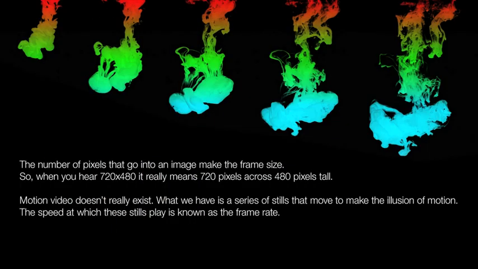Our video, like I mentioned before, is measured in pixels. A video's frame size is how many pixels it contains across by how many it contains down. So, a DVD, for example, will have a frame size of 720 pixels across by 480 pixels down. Full raster HD video will be 1920 pixels across by 1080 pixels down.